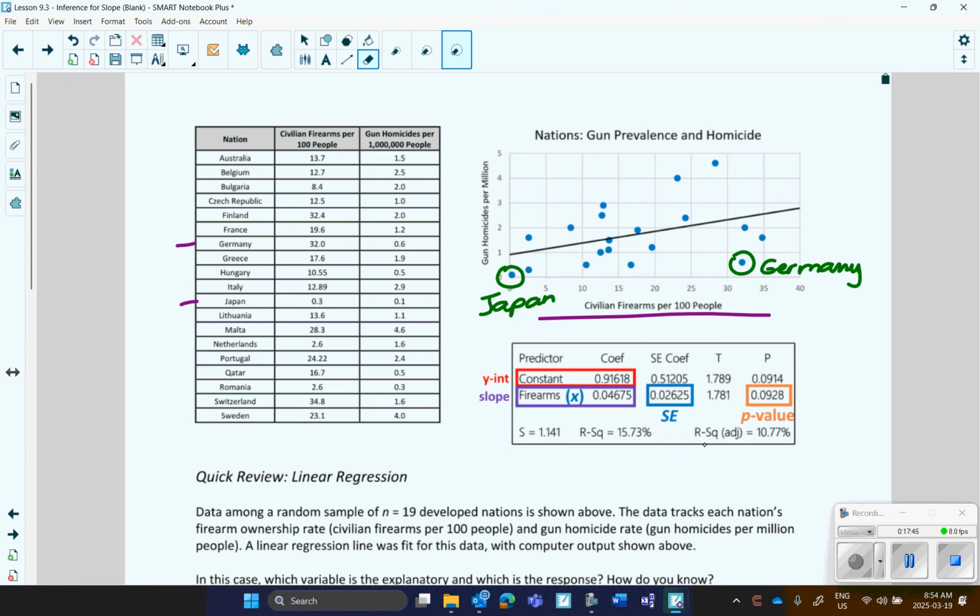To get the equation, we use these two numbers. Constant means the y-intercept. The x means the slope, the number that goes in front of x. So our equation would be y hat equals 0.91618 plus 0.04675x.